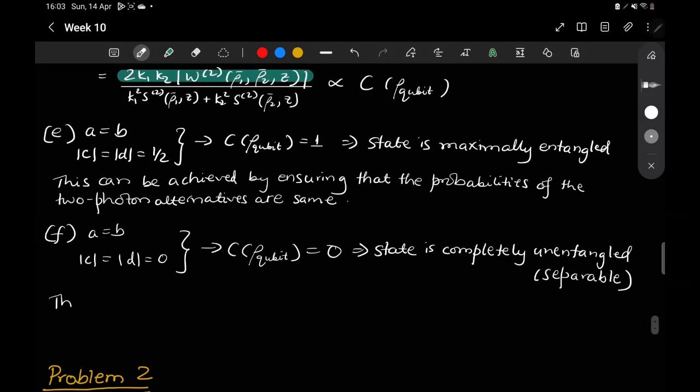And how do we achieve this? We get this by making the alternatives distinguishable.